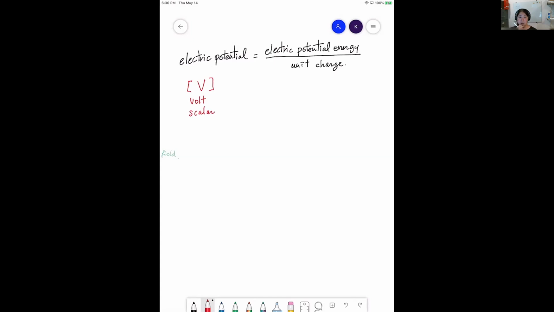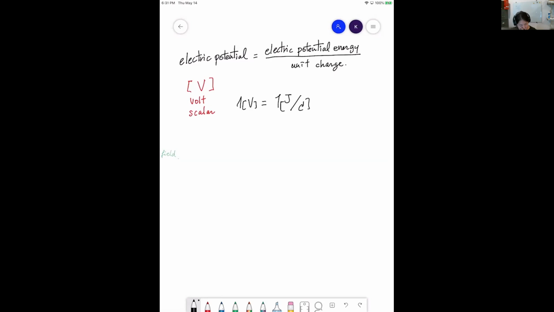It could be positive or negative, just like electric potential energy. It could be zero, positive, negative. But it doesn't have any information about direction, just the magnitude. So it's a scalar. So 1 volt is equal to 1 joule of electric potential energy divided by the coulomb. 1 volt is equal to 1 joule per coulomb. That's just what it means.